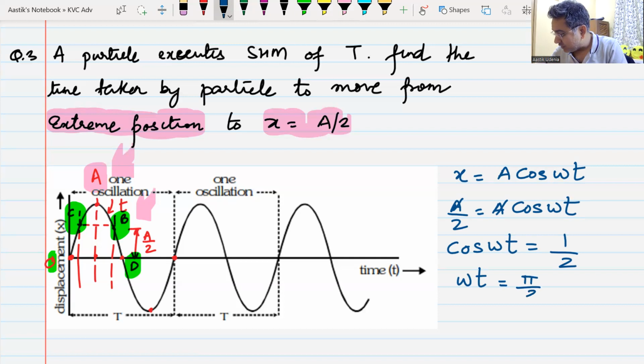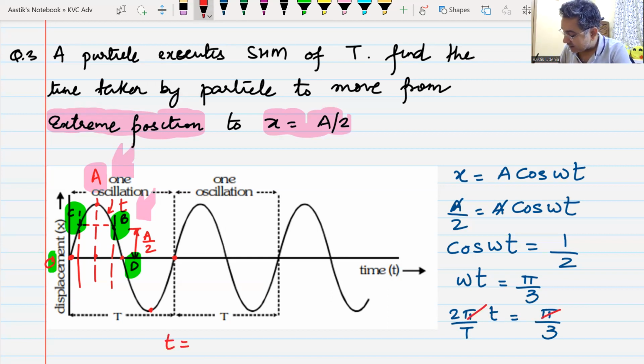It is pi by 3 radians. Yes or no? 60 degrees. Cos of 60 degrees is half. Do we understand this? We got it, sir. Now this omega is 2 pi by T. So 2 pi by T, capital T, into t is equal to pi by 3. Pi and pi will get cancelled, and you will get your answer as T by 6.